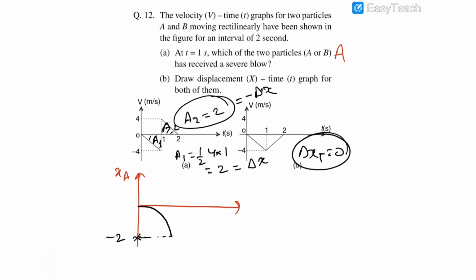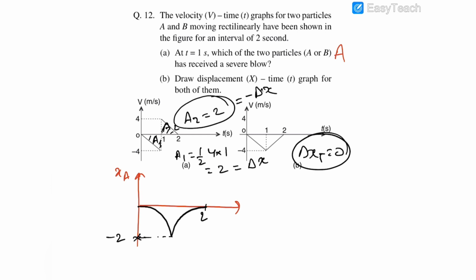So we have three pieces of information about the parabola: the mouth of the parabola is opening in the downward direction, it would return to its initial displacement 0, and its base would be at 2 seconds. So this parabola would be like that.